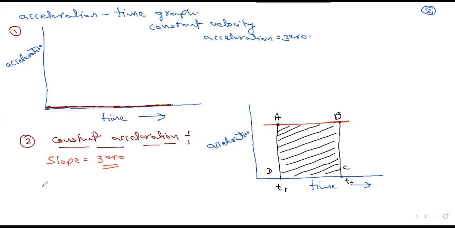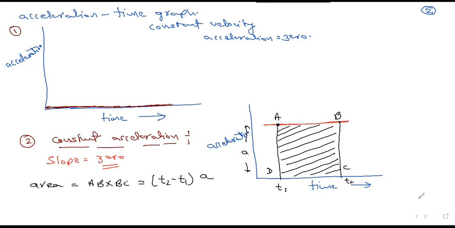So area can be taken as AB into BC. AB, you can see, is T2 minus T1, and the value of BC is equal to A, the constant acceleration.